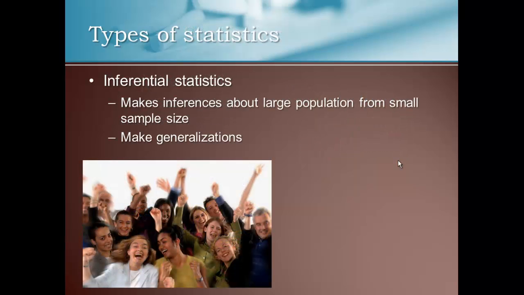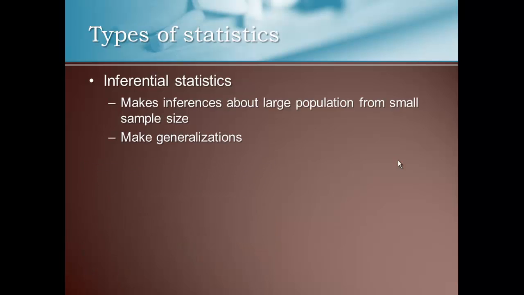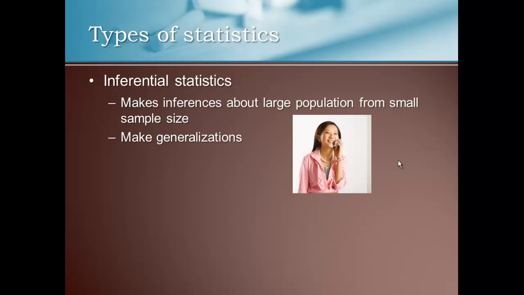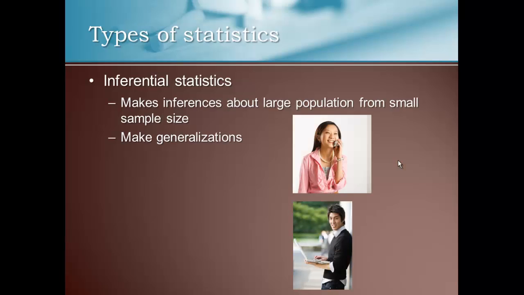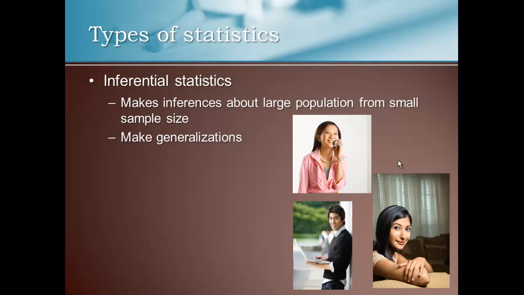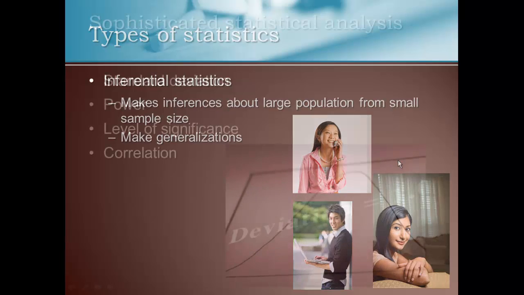Alternatively, there are inferential statistics. Inferential statistics are when you're making inferences or generalizations about a large population from a smaller sample size. For inferential statistics to be reliable and accurate, you need a large enough sample size. For this course, you'll not survey enough people to draw inferences from your data or make those types of generalizations.